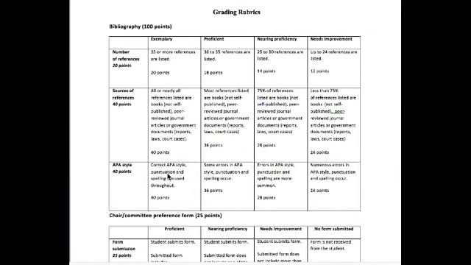So let's just review the bibliography right now. What you'll be doing for this particular assignment, which is due at the beginning of week 3, and we'll discuss in more detail, is compiling a list of references in APA style. These are references that pertain to your topic.